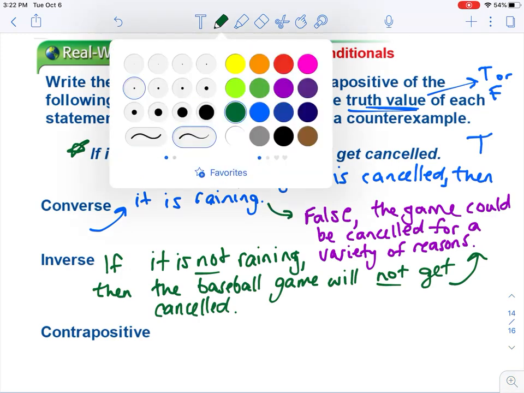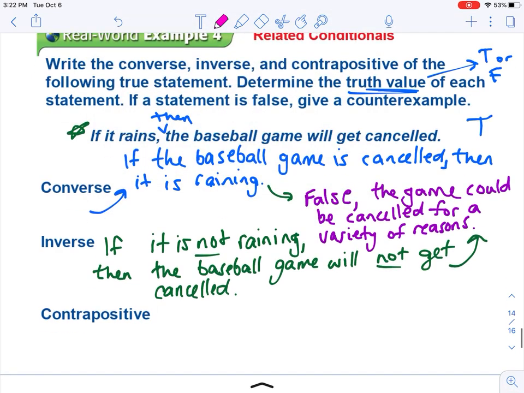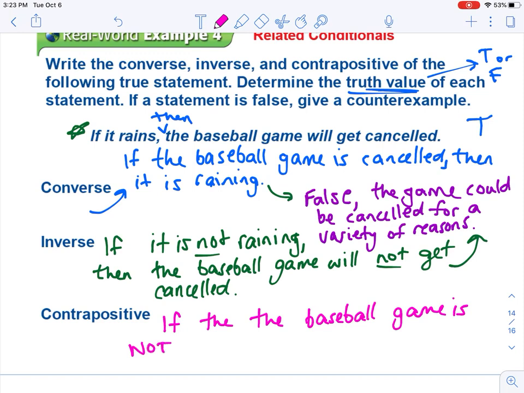And lastly, our contrapositive is similar to our converse, except we negate it. So, if the baseball game is not canceled, then it is not raining.